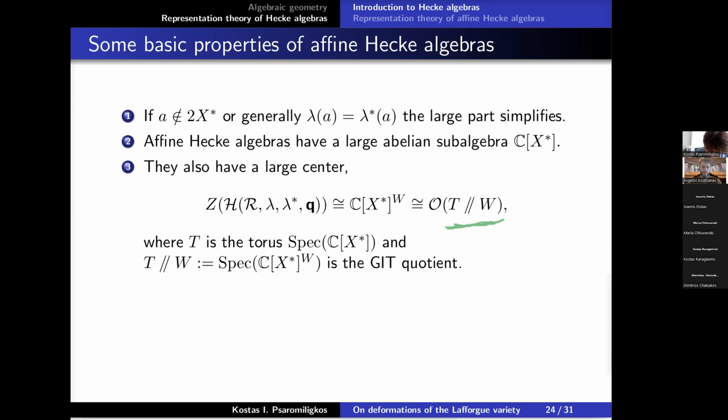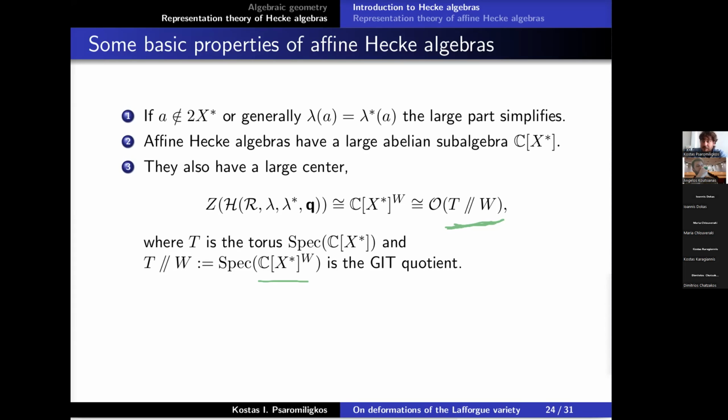And GIT quotient basically means take W invariants in the ring of functions. If you think about this, this makes sense, because in algebraic geometry we look at rings of functions. So when you quotient by a group, what are your new functions?